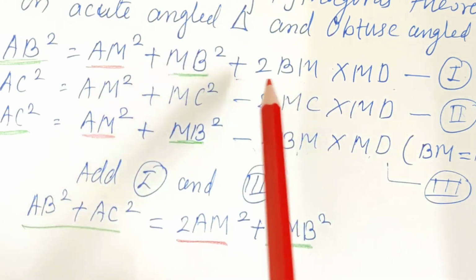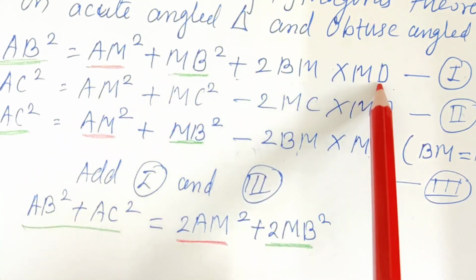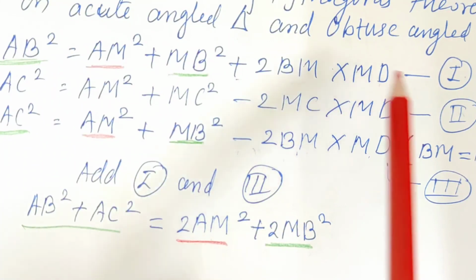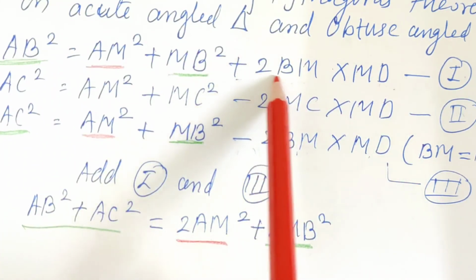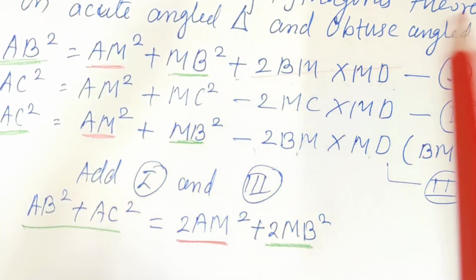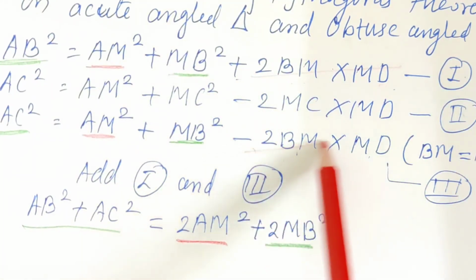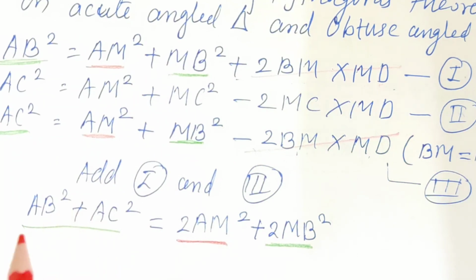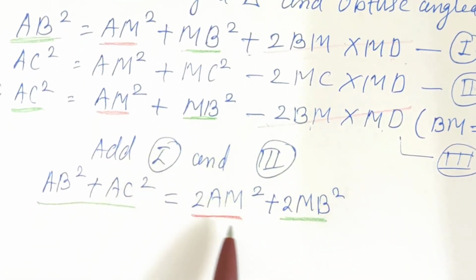And here now BM multiplied by MD, that means product is always the same. So plus 2BM MD and minus 2BM MD will be cancelled. That means remain AB square plus AC square is equal to 2AM square plus 2MB square. And this is the equation of the Apollonius theorem which we proved.